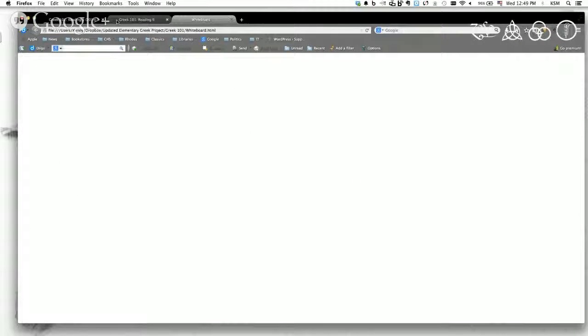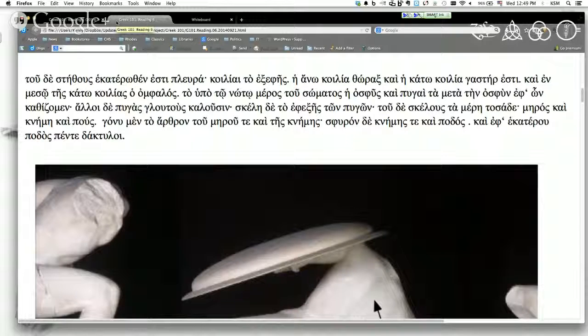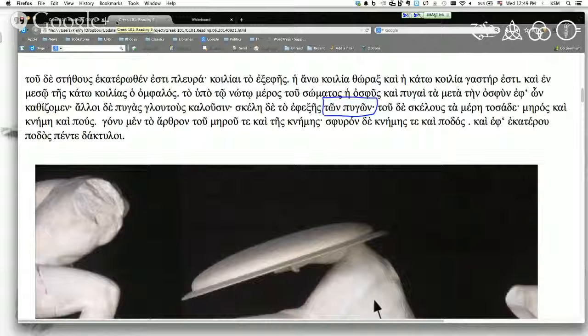So, genitive. Melanie, genitive. Okay, so how are we going to make sense of that clause? So the scale are what?